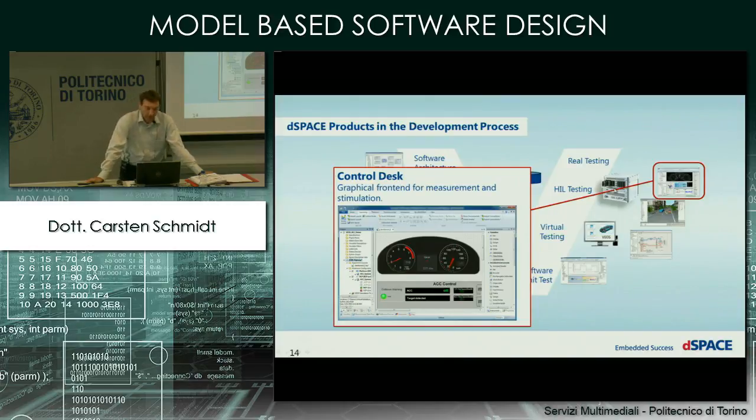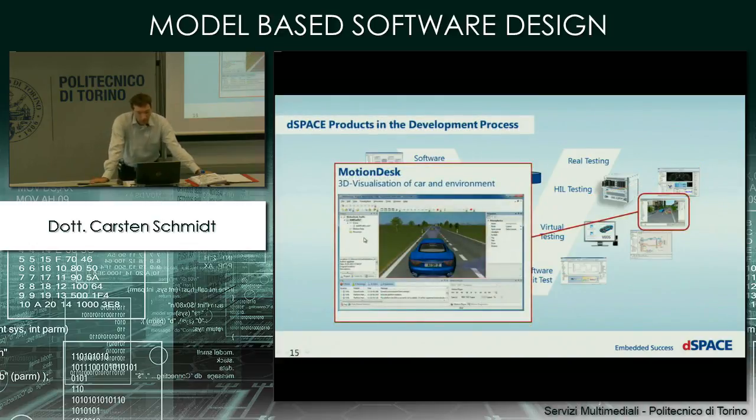And you can also define quite nice control instruments that really look like your cockpit in the real car. And actually, you have seen this in this presentation in the beginning. The cockpit was basically modeled with ControlDesk. And of course, we come back to this tool in the context of virtual validation too.